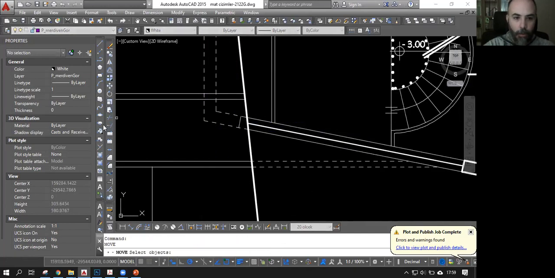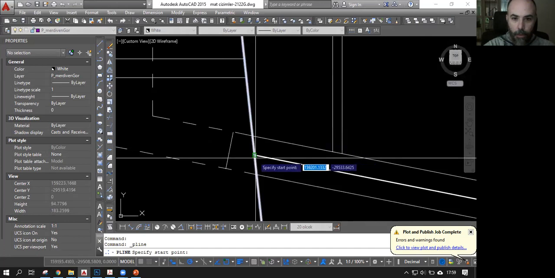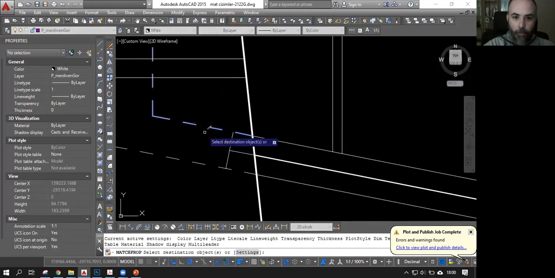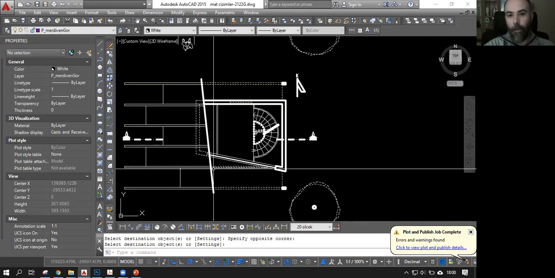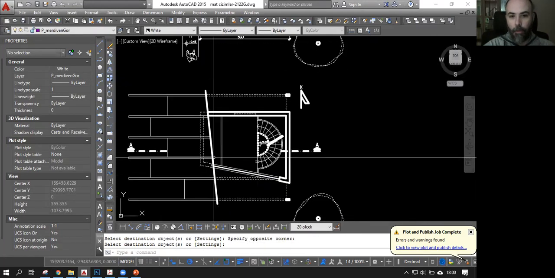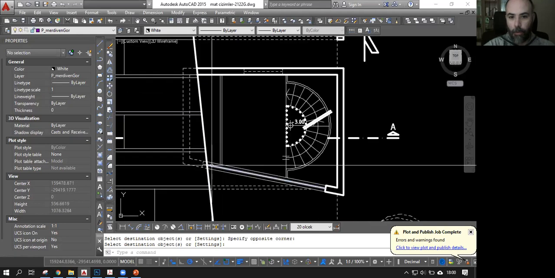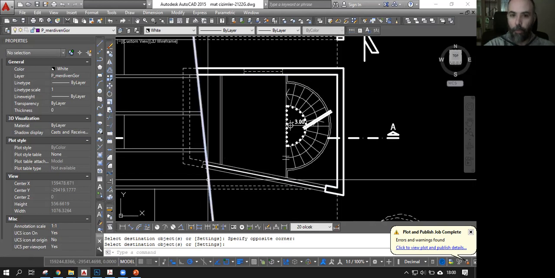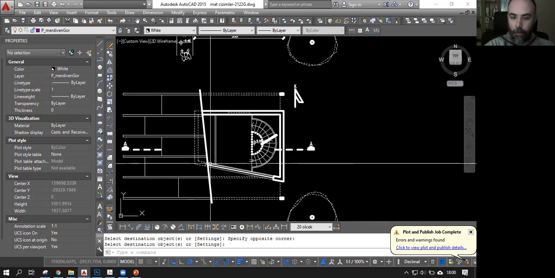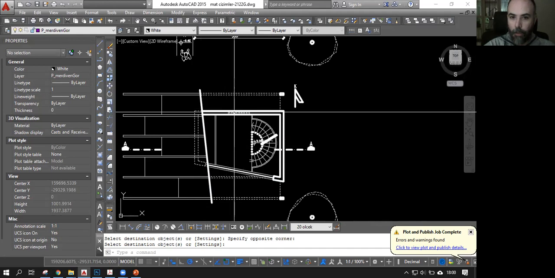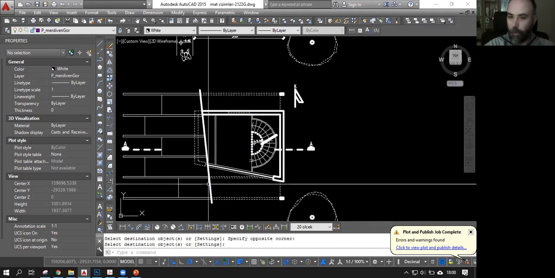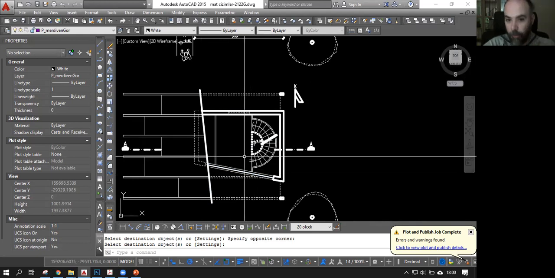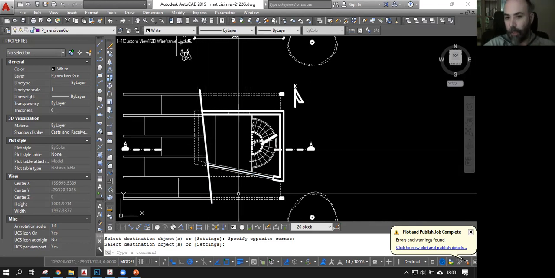So I will have these lines now, and they will be in dashed form. Till this cut surface, I am cutting through the window and the walls here. And when I look down, I will see the rest of the walls and this window below these cut surfaces. So it's being represented with dashed lines.